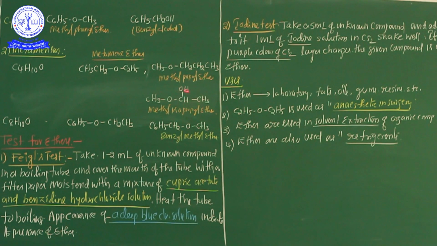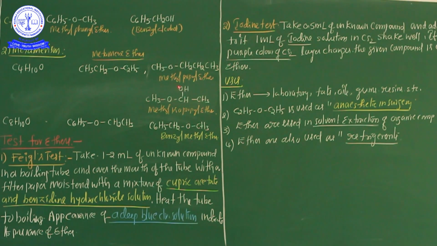In this example C4H10O, different ethers exist. That's why it's metamerism: two or more ethers having the same molecular formula.